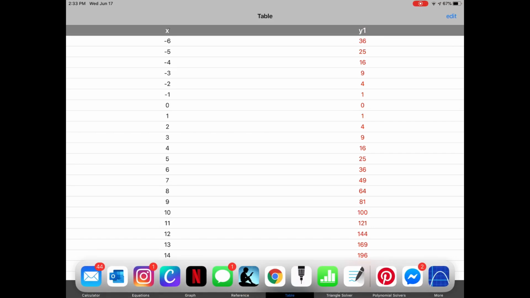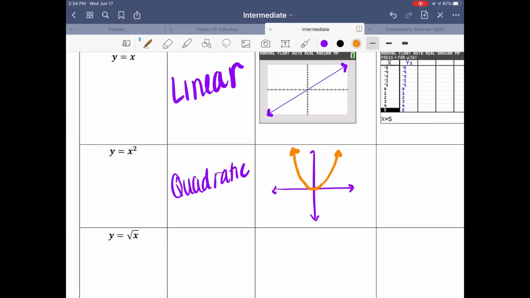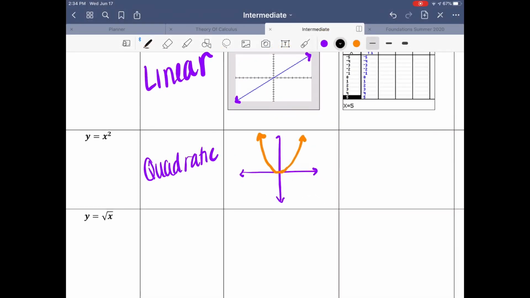So that's how the table correlates to the graph. So I'm just going to do a little short table here, x's and y's. 0 squared is 0, 1 squared is 1, 2 squared is 4, 3 squared is 9, and so on.